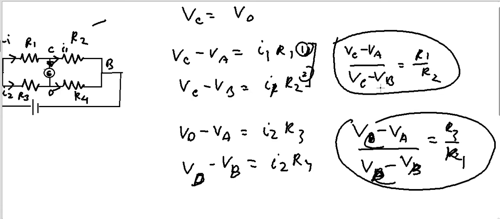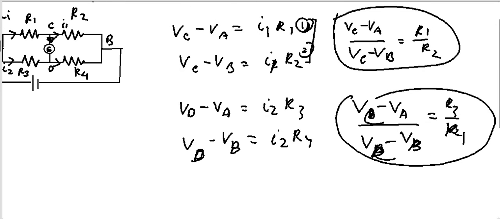Because the left hand sides are same, the right hand side should also be same. So equating these two, I will get R1 by R2 equal to R3 by R4.